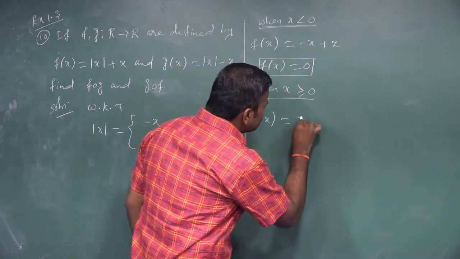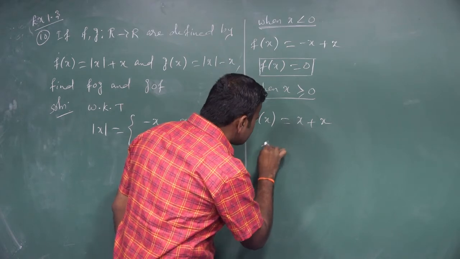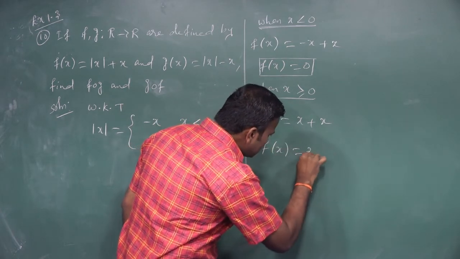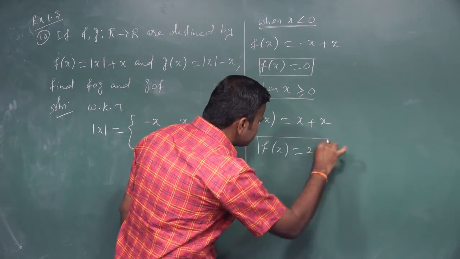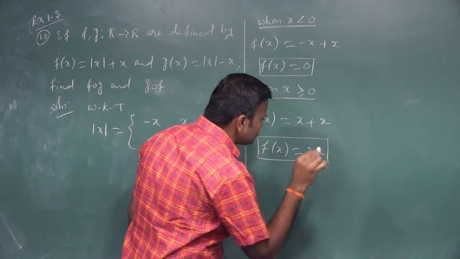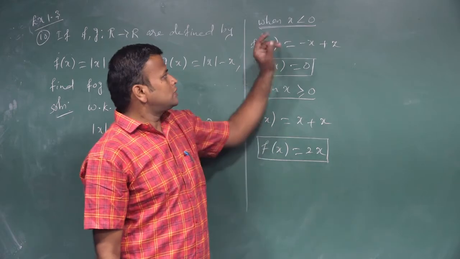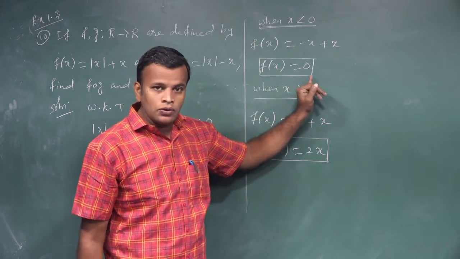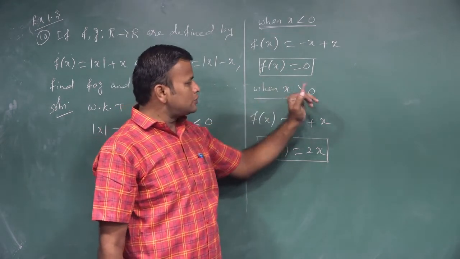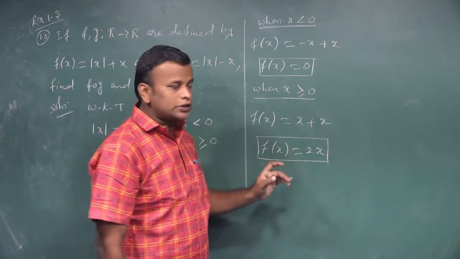So x + x, so the f(x) value is 2x. Now we have the value of f(x) in both cases. When x is less than 0, f(x) is 0. When x is greater than or equal to 0, f(x) is 2x.